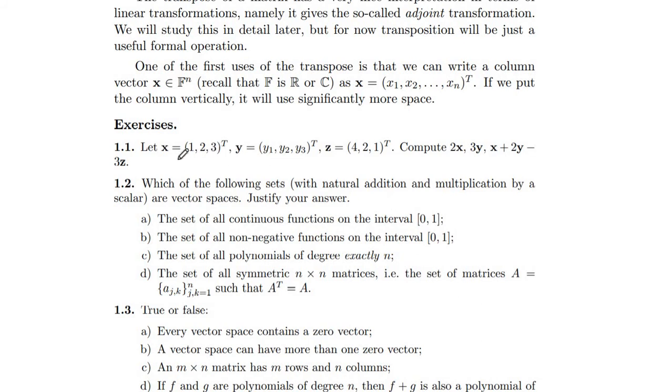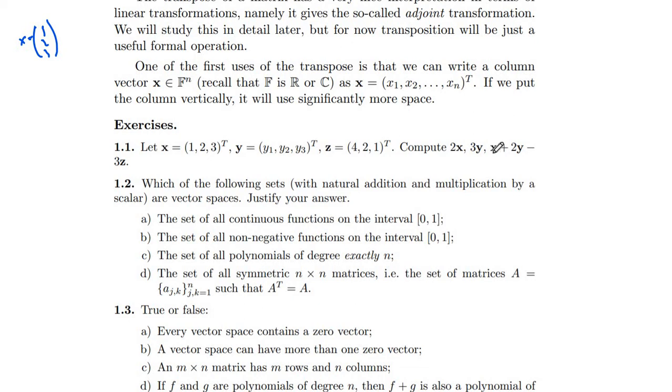So as you can see, x is just 1 2 3, x equal to (1, 2, 3). Similarly, y is equal to (y1, y2, y3) and z is equal to (4, 2, 1). And compute 2x. 2x is just (2, 4, 6) transpose, because you just multiply everything by 2. Similarly, 3y is just (3y1, 3y2, 3y3).